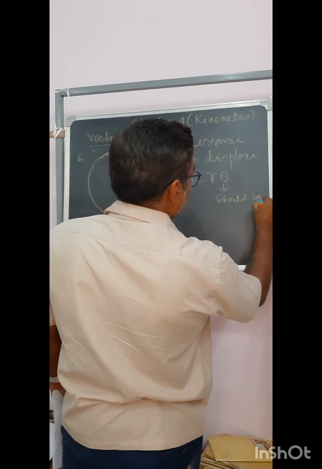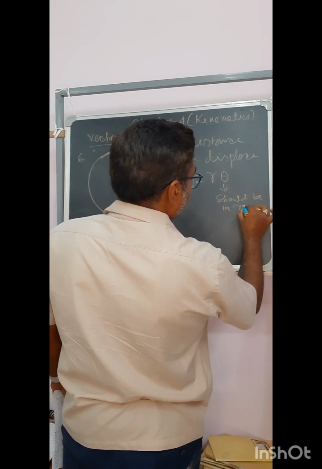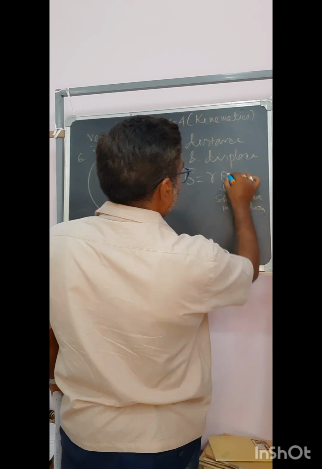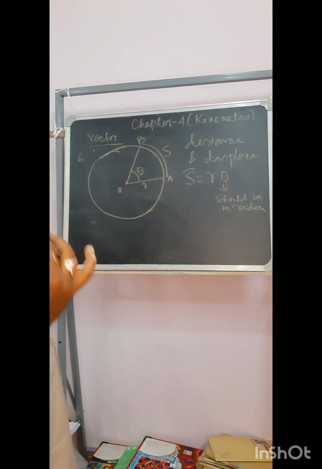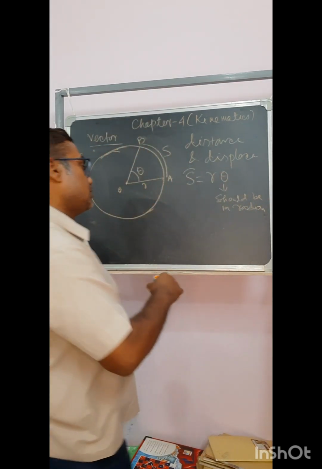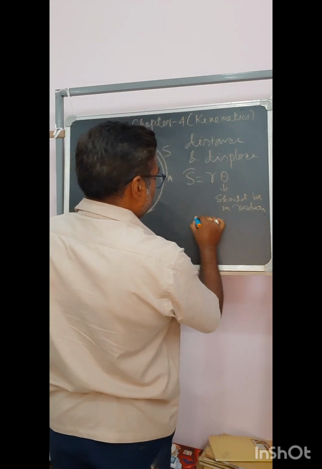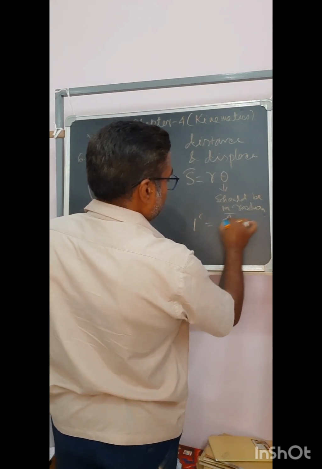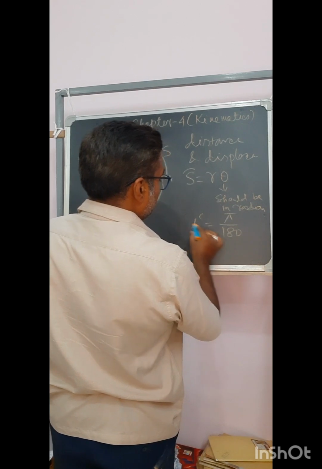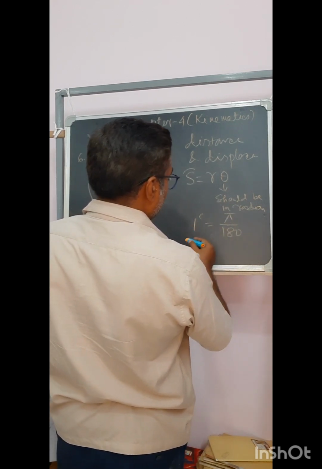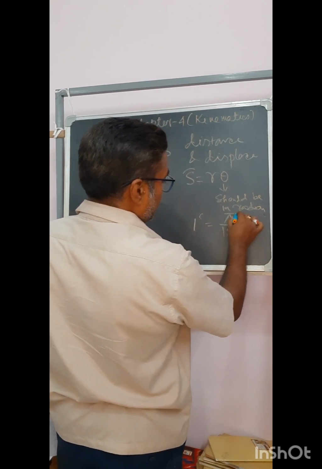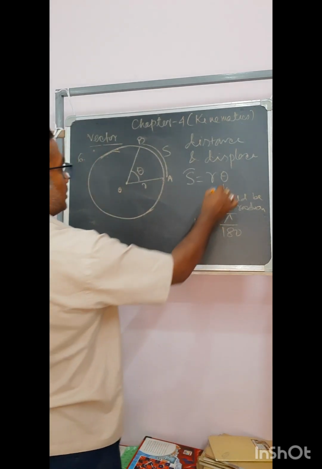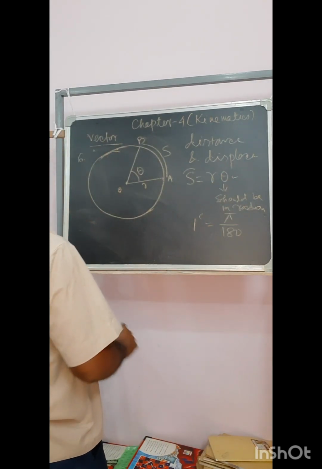Even if it is given in degree, you have to convert it to radian. How will you do that? Because 180 degree is equal to pi radian, so 1 degree is equal to pi by 180 radian. By that conversion, you can change this value.